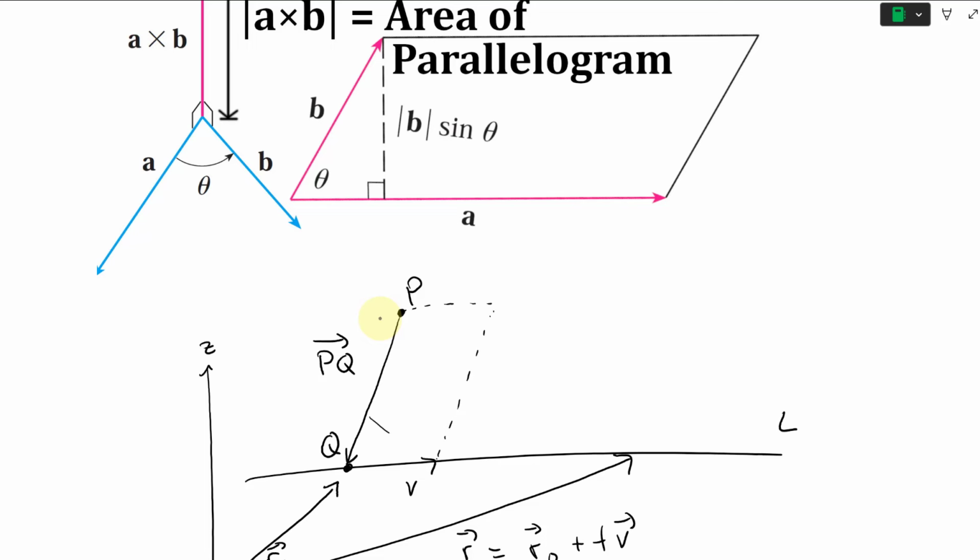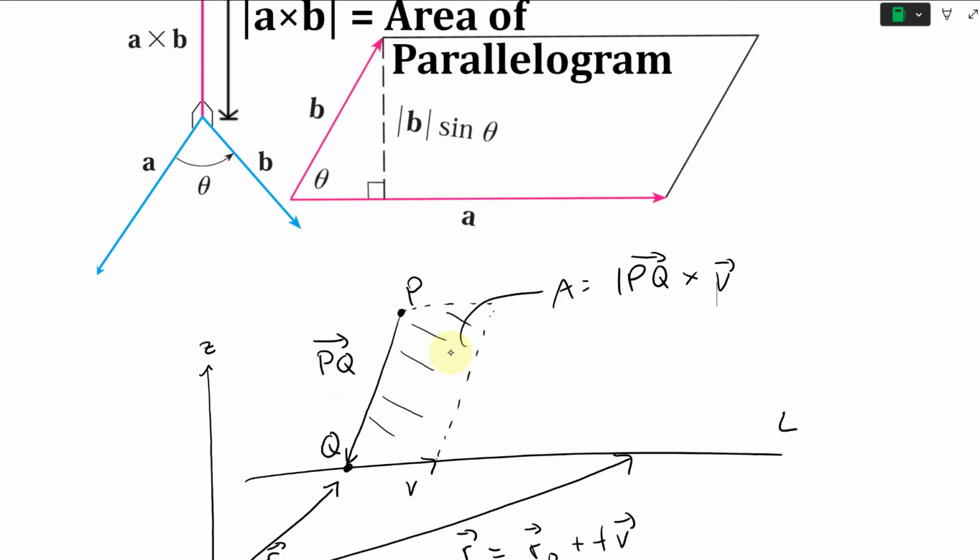So this area, the area is equal to the absolute value of PQ cross V. This is our B, and the direction vector is V. The height is going to be the length of B times sine theta.